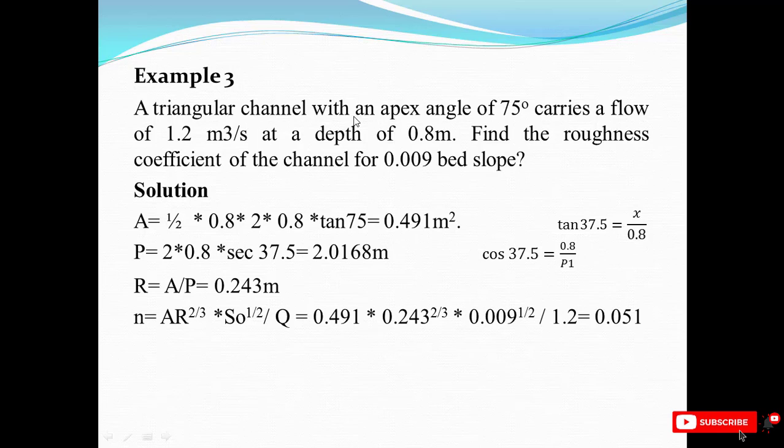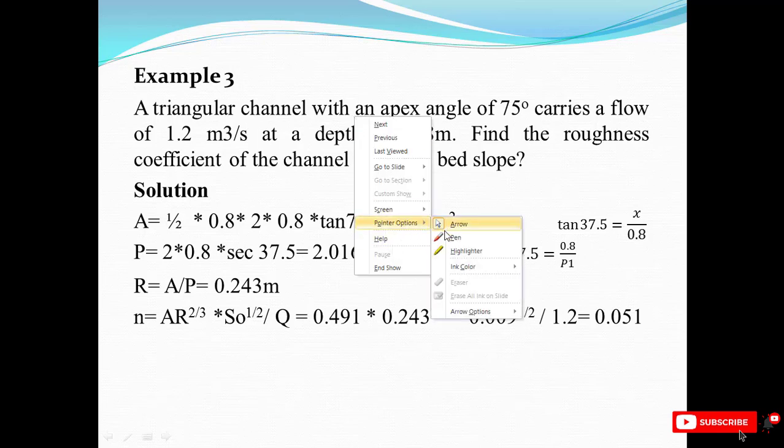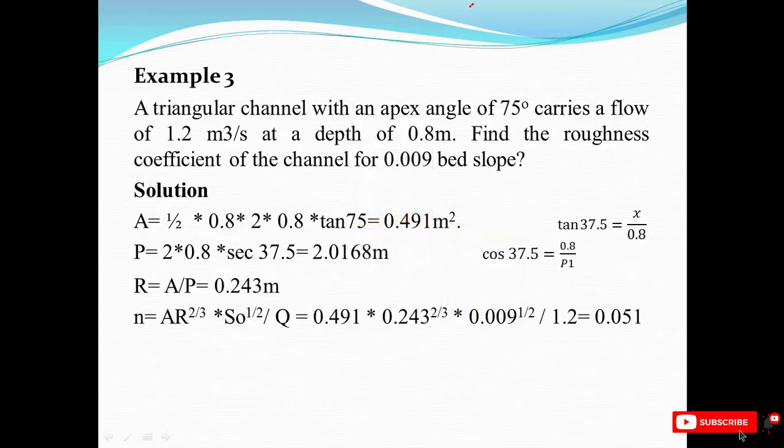A triangular channel with an apex angle of 75 degrees. What is the apex angle? If we have a triangular channel like a V, the angle between these two sides is the apex angle, 75.